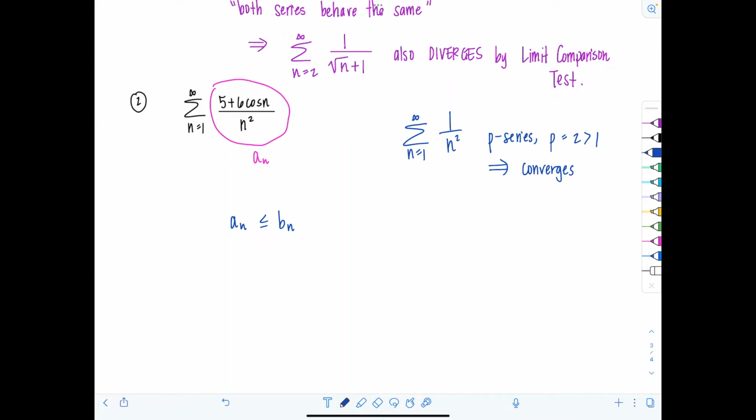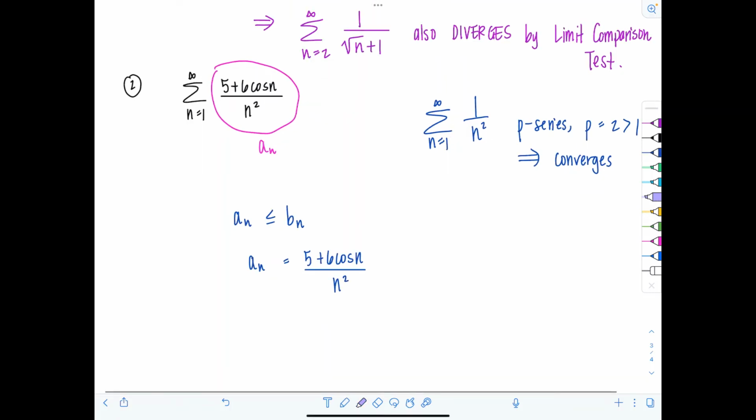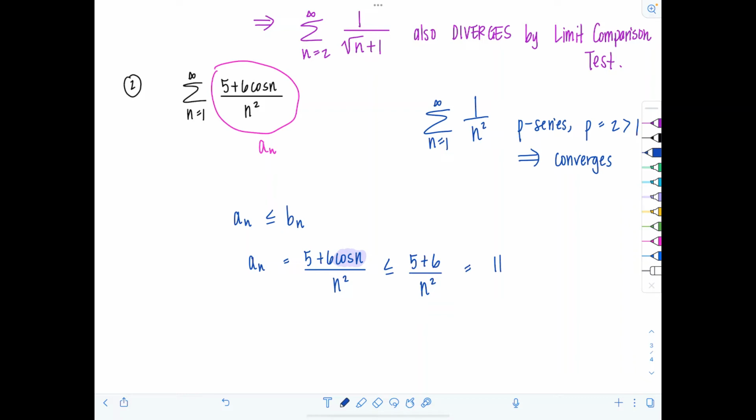So let's see, can I bound a_n? Yeah, I mean, cosine of n is very easy to bound, right? I know the largest cosine is ever going to be is 1. So I could say for sure this is less than or equal to 5 plus 6 over n squared, which is the same as 11 over n squared.